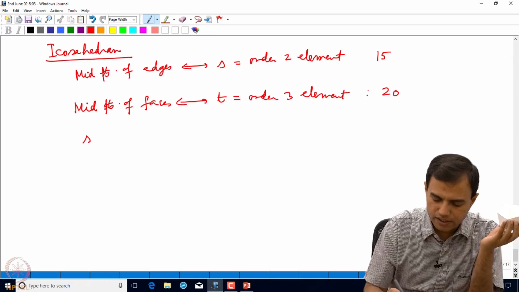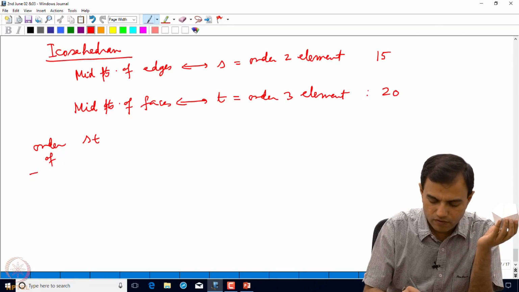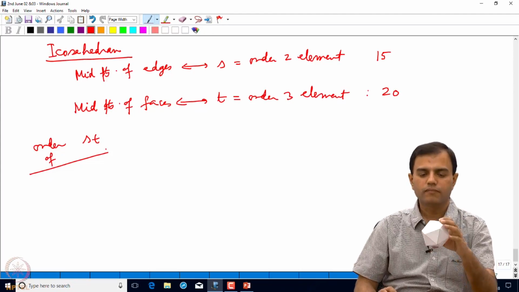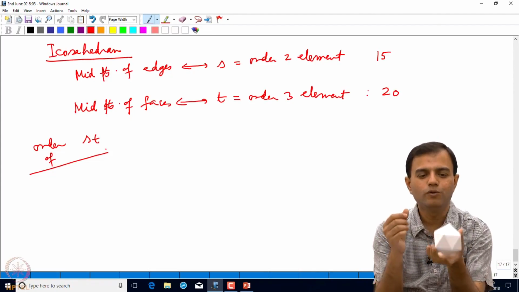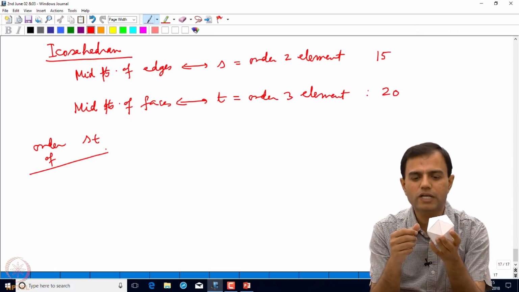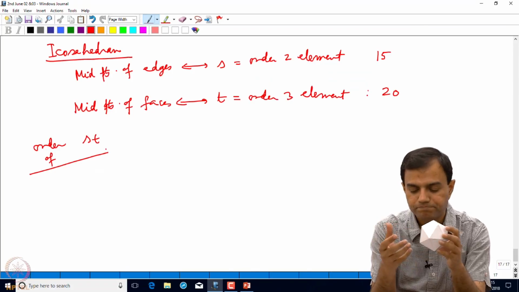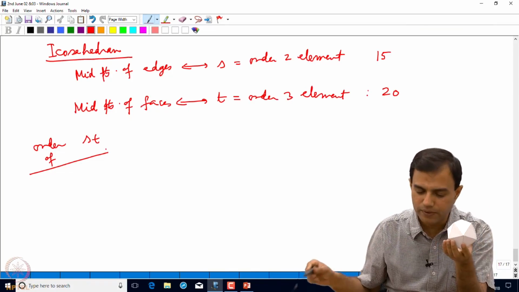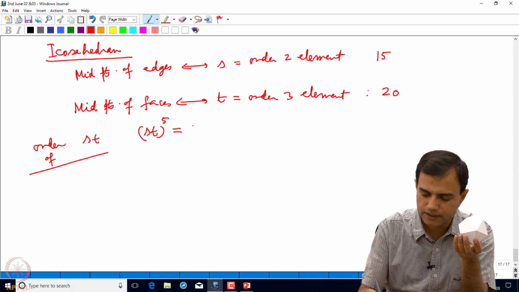What about ST? Again the same question. What is the order of ST? For that, maybe you have to do some experiment. You make your own icosahedron and try some experiment, and what I can tell you is that ST to the power 5 is 1.